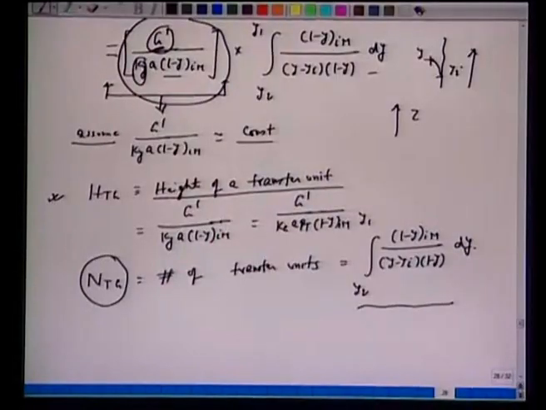If you look at the expressions for height of a transfer unit and number of transfer units, you must recognize that y changes along this length. If you take a differential element, y changes from y1 to y2, so the mass transfer coefficient will also change. Go back and see the definition for K_y we obtained: (1 - y)_IM, the logarithmic average of 1 minus y and 1 minus y_I, the interfacial concentration also changes. So, the logarithmic average also changes.